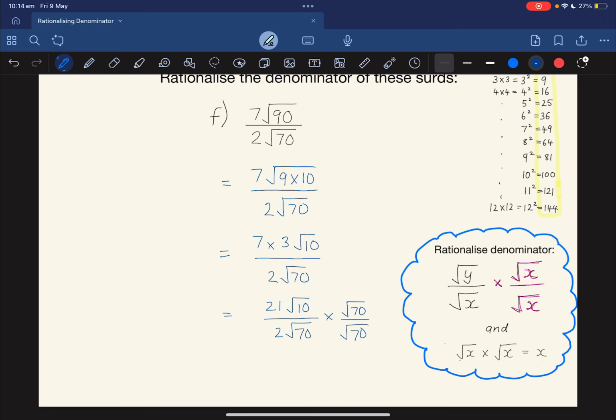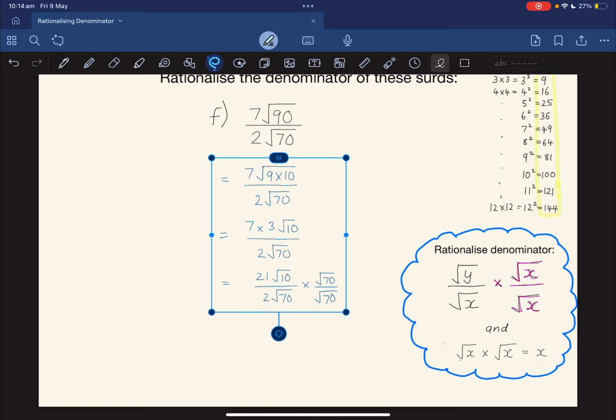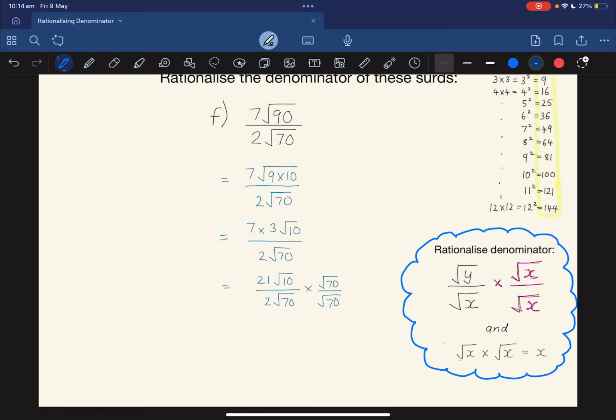Okay, let's make that a little bit smaller. Resize. All right. 21 root 10 on 2 root 70, and multiplying by root 70 over root 70.